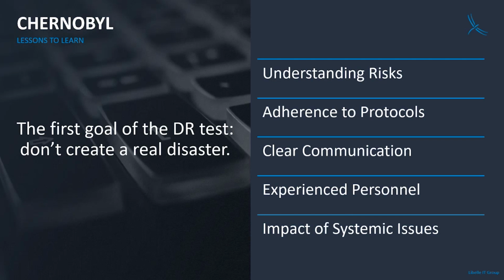Also, they had miscommunication, and like I said earlier, the inexperienced night shift was doing the test, which also caused problems. They also suffered from design flaws and systemic issues, where even if they operated perfectly, it was not possible to prevent that disaster. Overall, the first goal of the DR test should always be: let's not create a disaster.